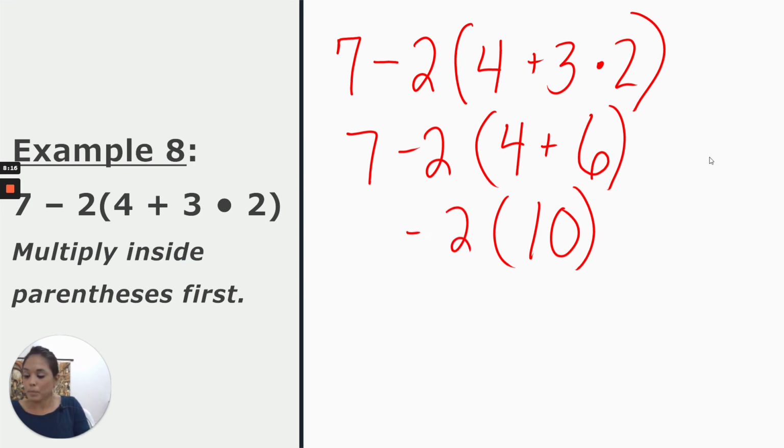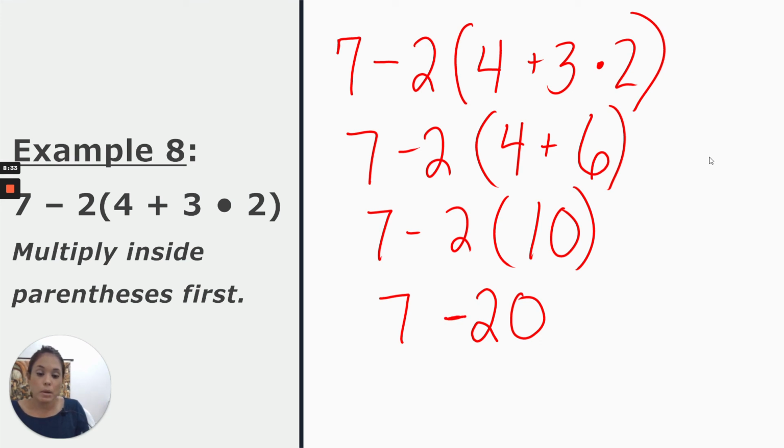Rewrite my problem. So this is a multiplication between the 2 and the 10. When a number is backed right up to a parentheses, that means multiplication. So 2 times 10 is 20, and then I have 7 minus 20.